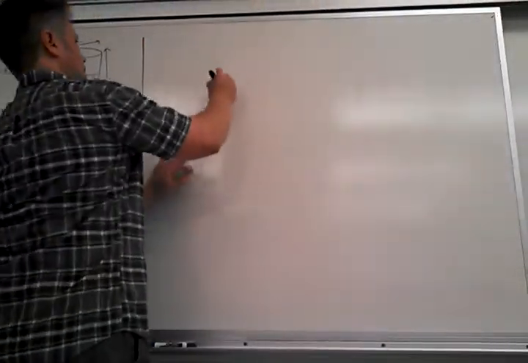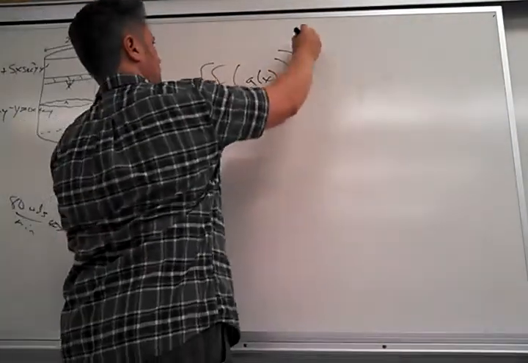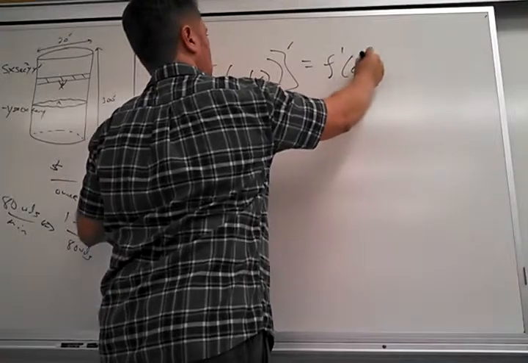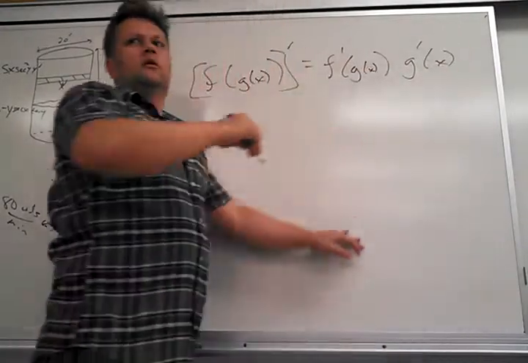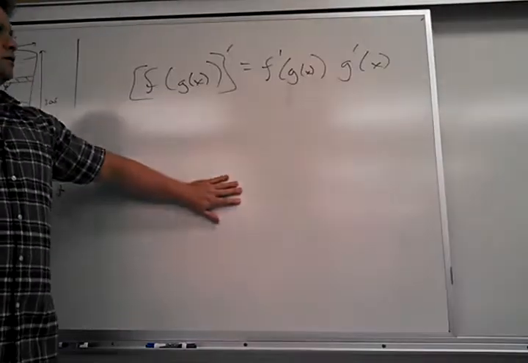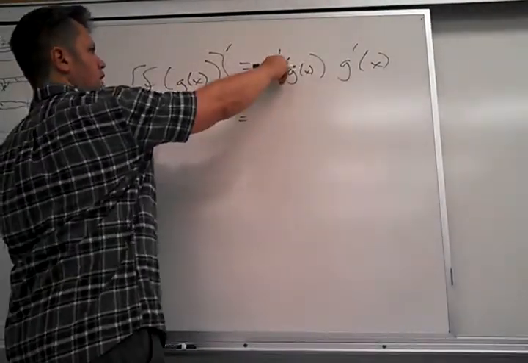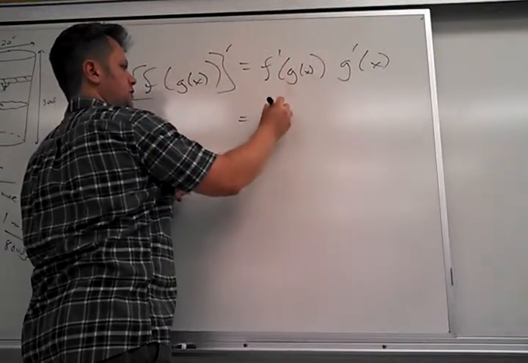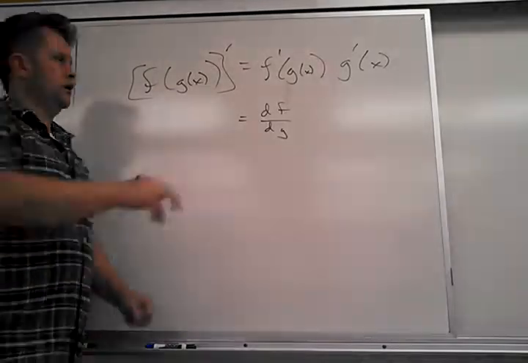So u is the inside. Yeah. So you can also say... So that's like the same thing. Yeah, it's the same thing. So f prime here would be, you're actually doing df dg, where they call g u, right? Right. And then this is what?